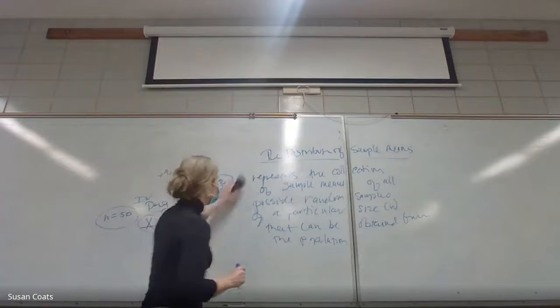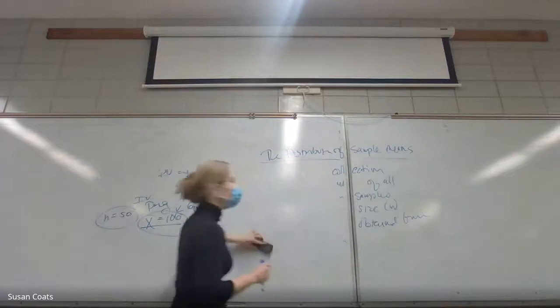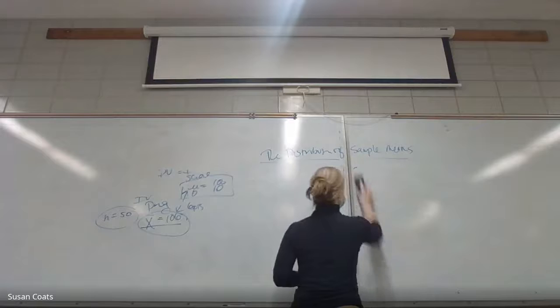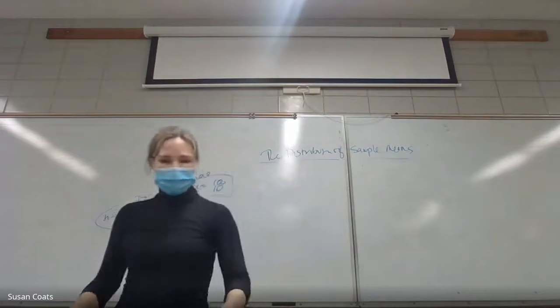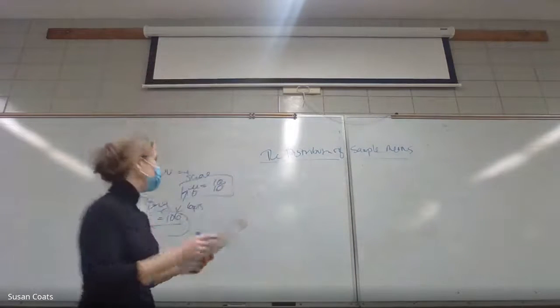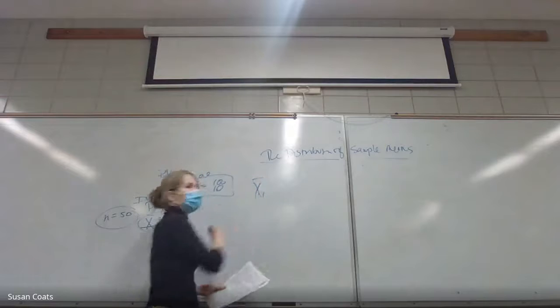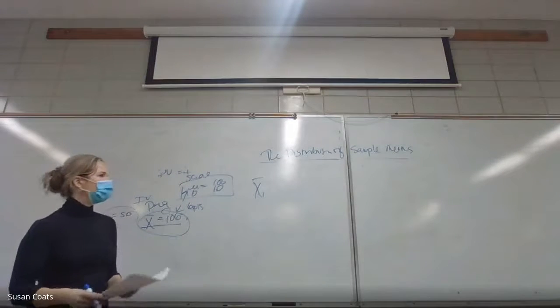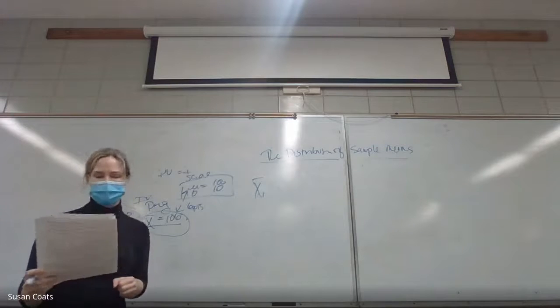So we can imagine doing that, again, just as an exercise to help us understand what this distribution of sample means is. So imagine that we did that. Let's say for the first sample mean, again, we don't actually need to do this because there are known properties of this distribution, but it's just to try and make us understand what it is.